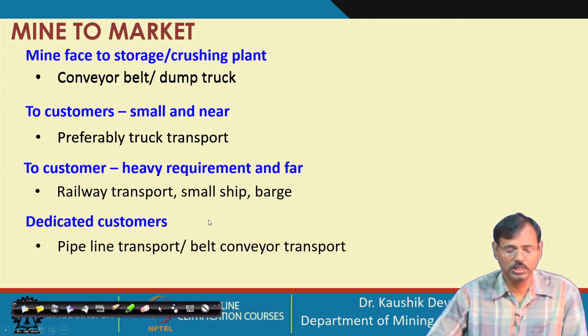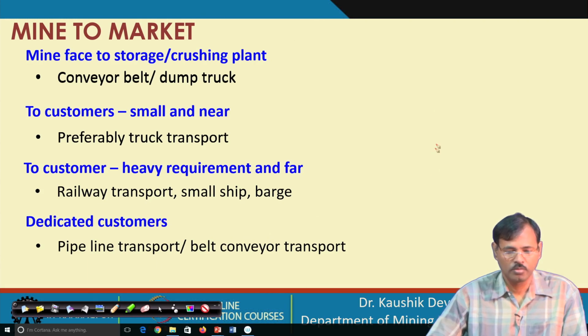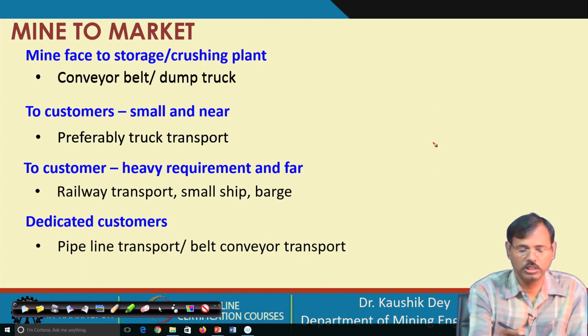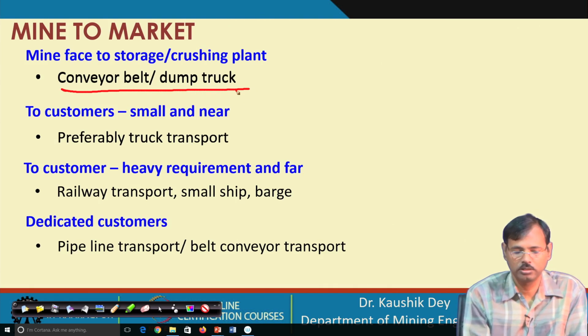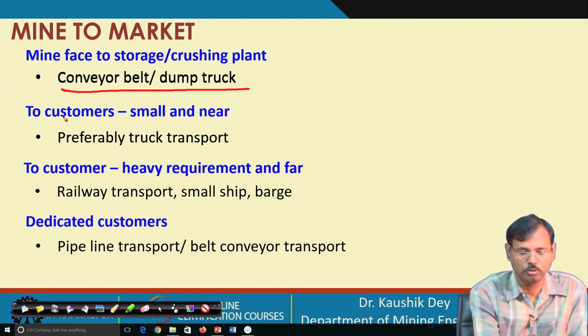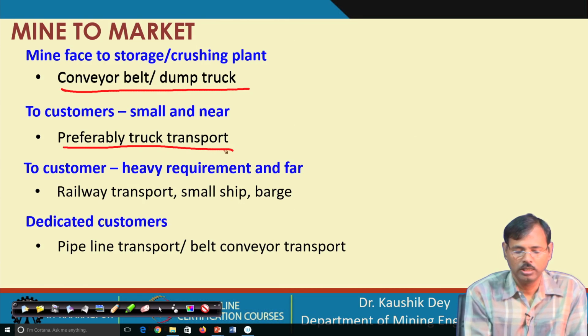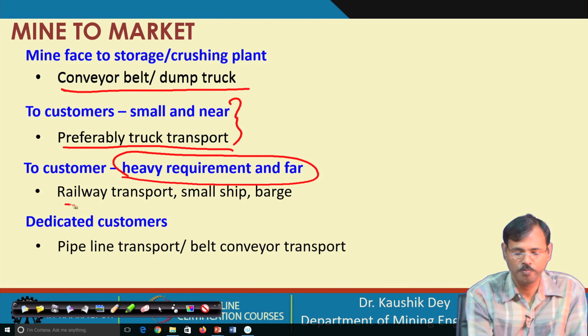As we have seen, the most general mining phase to storage transportation system is conveyor belt or dump trucks. These are the most popular systems, and from the crushing plant or storage to the customer, it is mostly by truck transport if the distance is small and nearby, and if it is a large-scale requirement and far away, then it is railway transport.